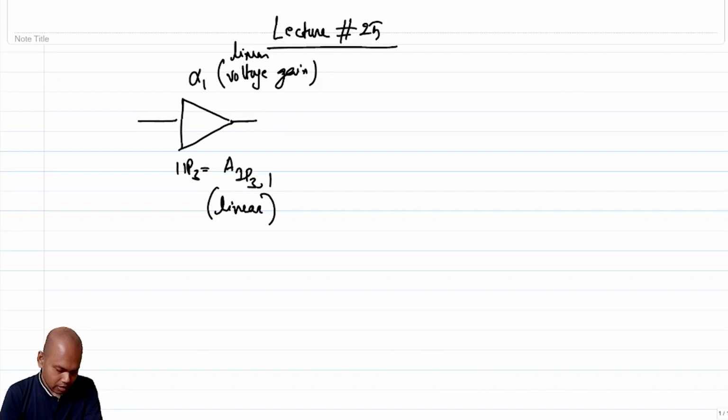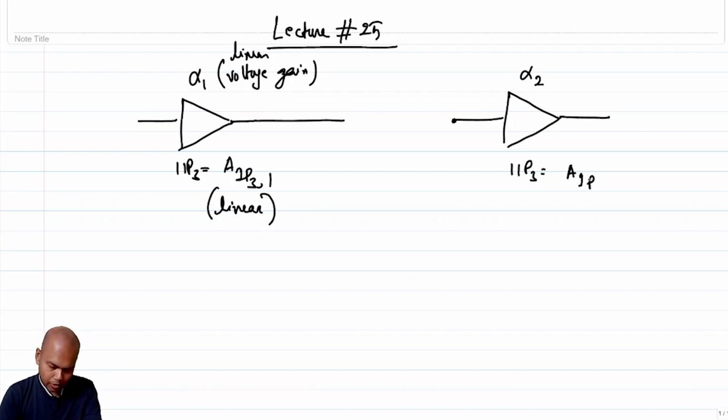Okay. And let's say I have another block which has a voltage gain of alpha 2 and an IIP3 of AIP32, and I put them together.